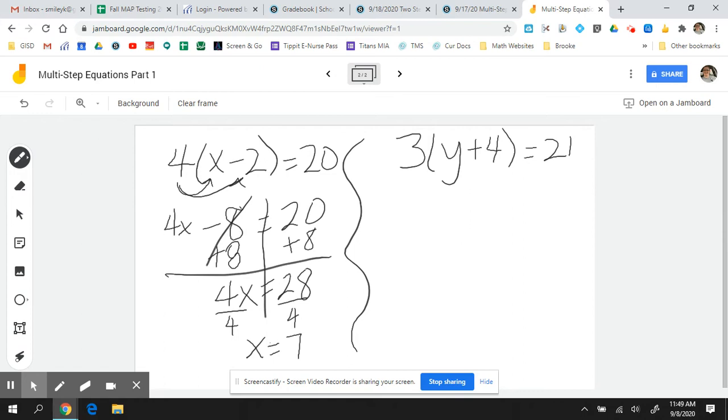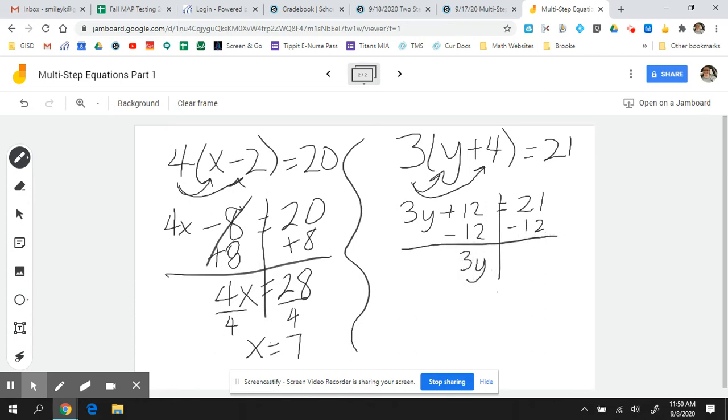All right, welcome back. I'm going to do my distributive property first. So 3 times y is 3y. 3 times 4 is 12. And I bring down my 21. I'm going to separate it if it helps you. I see a plus 12, so I'm going to minus 12 to this side. If you do not know what 21 minus 12 is, go to your calculator and do it.